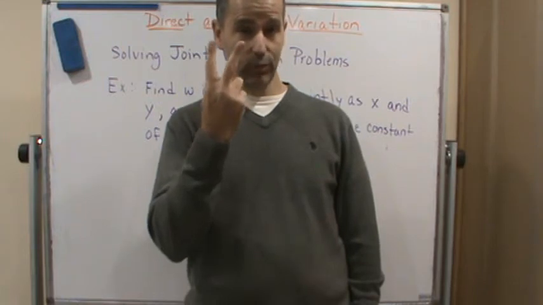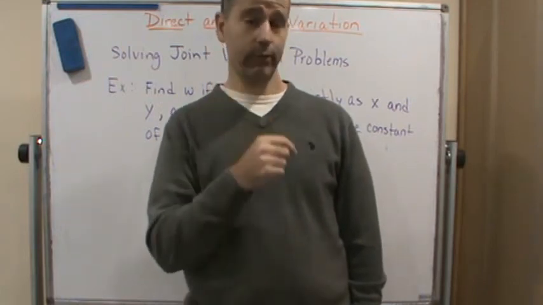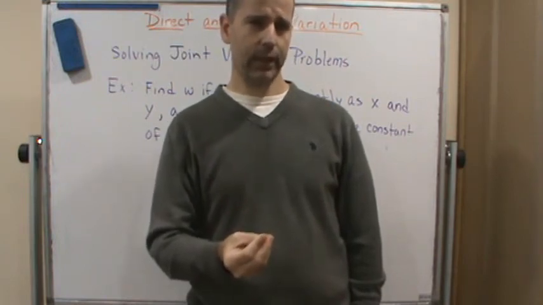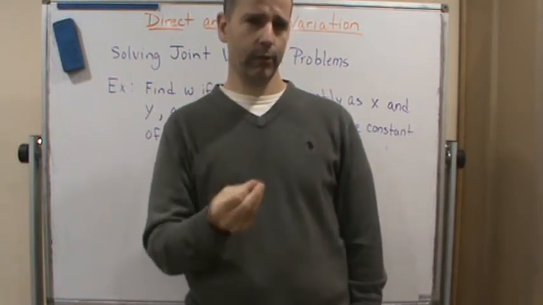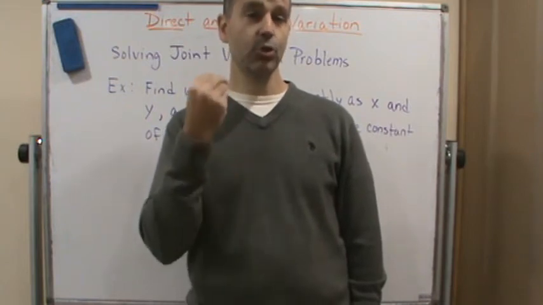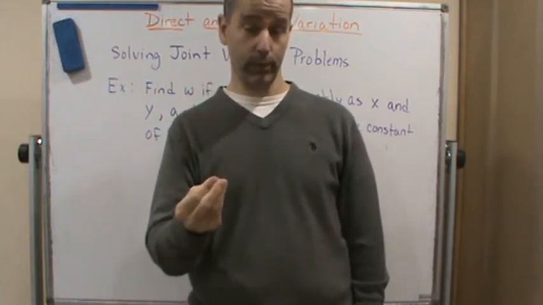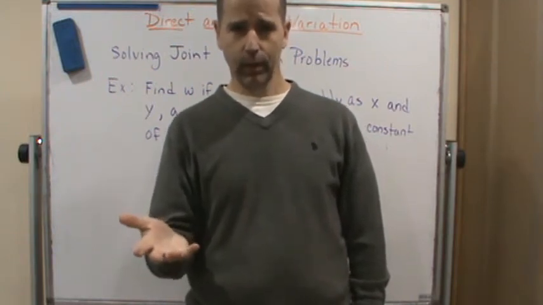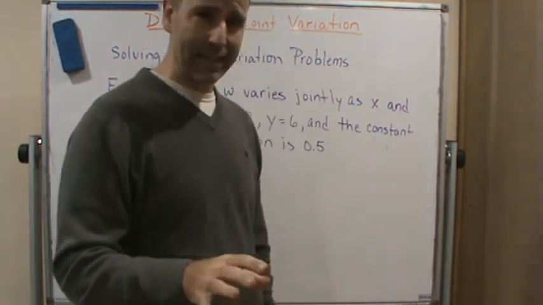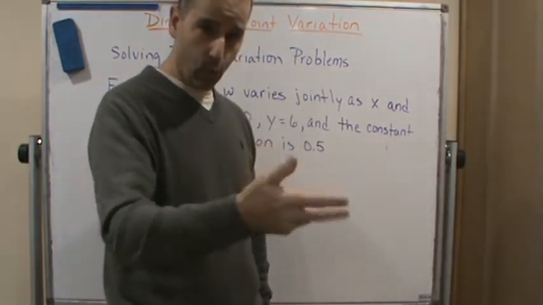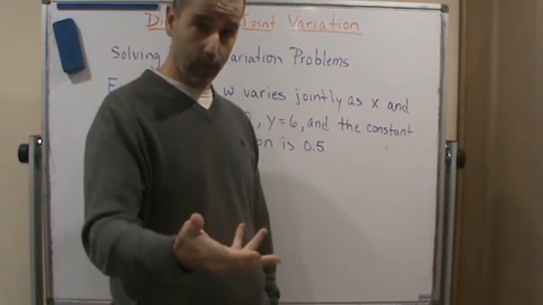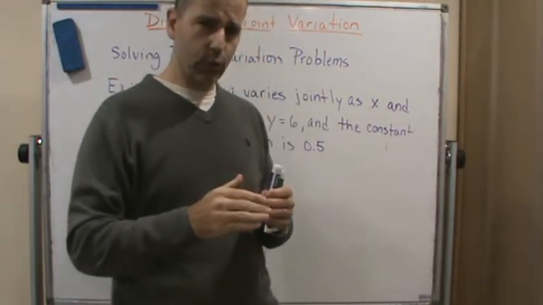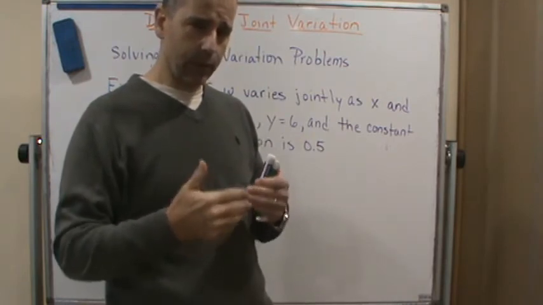So it varies directly with two variables. So we would call that joint variation, okay? Because one variable varies directly as two other variables or more variables. So that's what we mean by joint variation. So the only difference is that you have more variables than before. So you're going to have the same sort of thing.